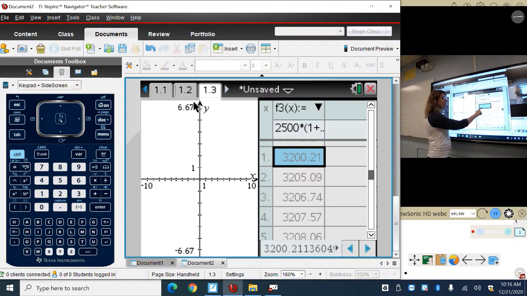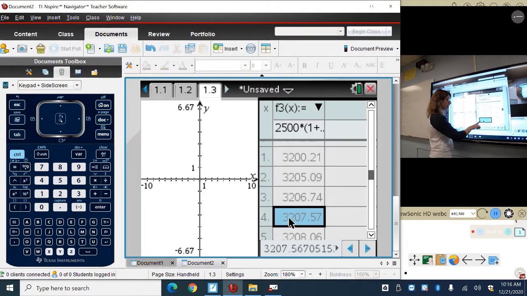At 1 year, I'm going to have $3,221. Compounded twice a year, I'm going to have $3,205.09. Compounded 3 times a year, I'm going to have $3,206.74. Compounded 4 times a year, it's going to be $3,207.57.